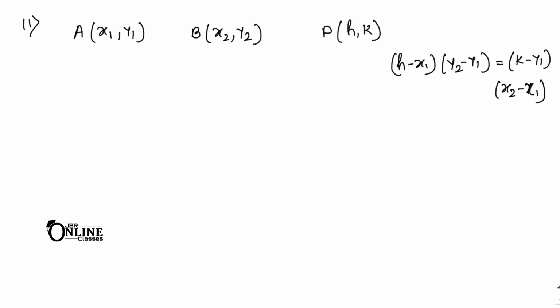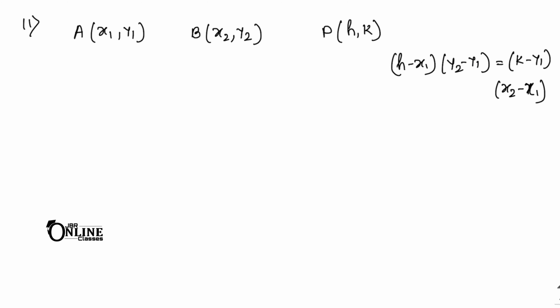Okay, so as A, B, P are collinear, then definitely the slope of AP will be equal to the slope of AB. Or you can also prove this by the area of the triangle formula.